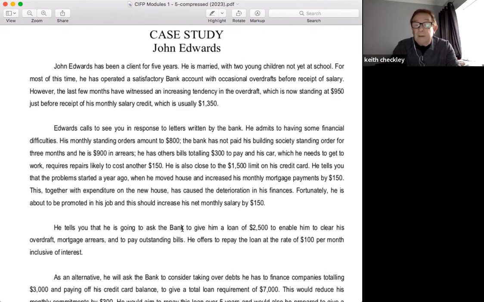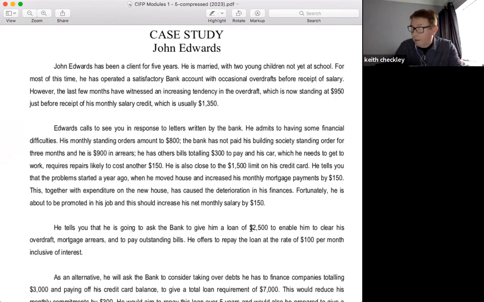And that'll help him clear his overdraft balance, his mortgage arrears, and to pay outstanding bills. And in terms of the Campari, you will see A stands for two things. One of them is the amount. So what we could do is make a calculation to see if this amount covers what he's seeking there.